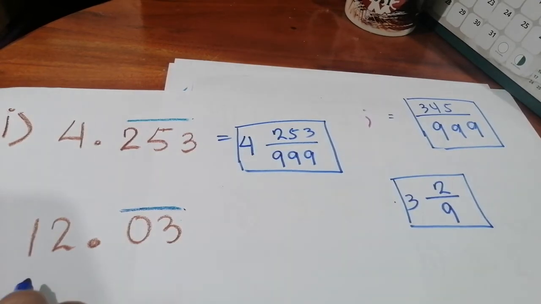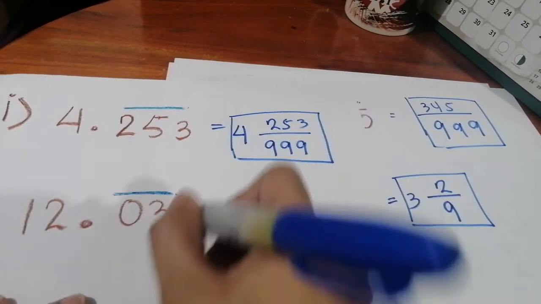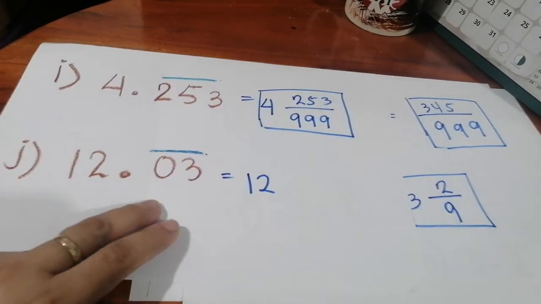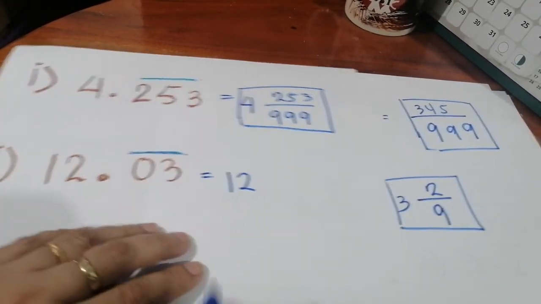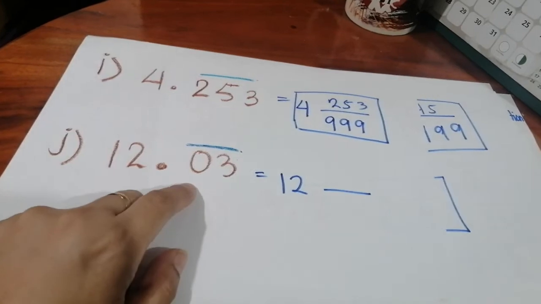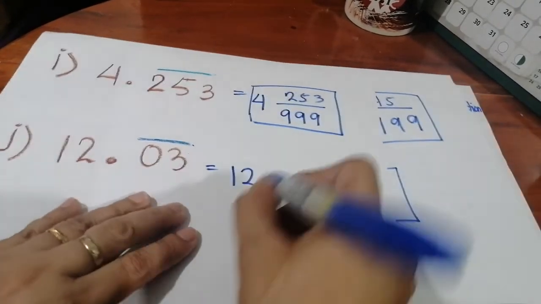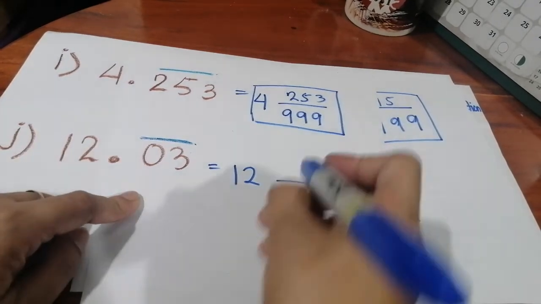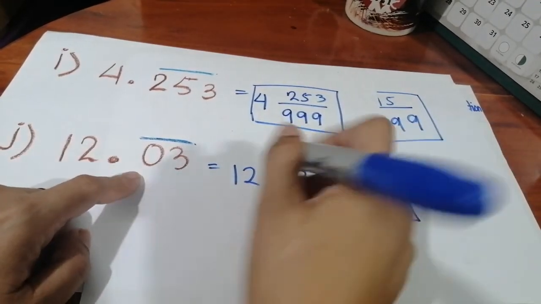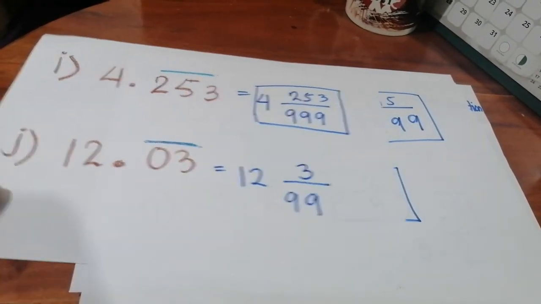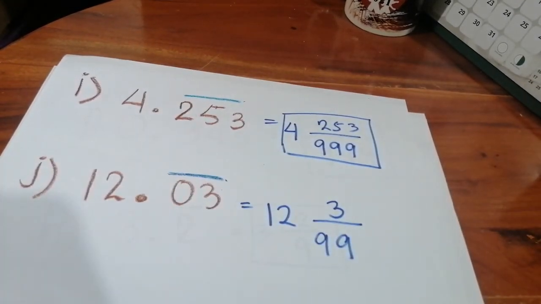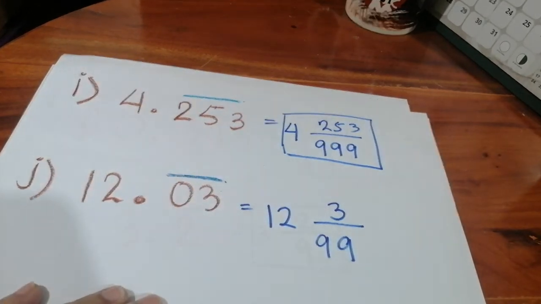And the last one, it's 12 and 0.03. So again, there's a whole number and still a non-terminating and repeating decimal. So there's a 2-digit number, may dalawang digit dito, so there are two 9s here. And then we just have to copy 3 on top, because the number before the 3 is 0, so there's no value.